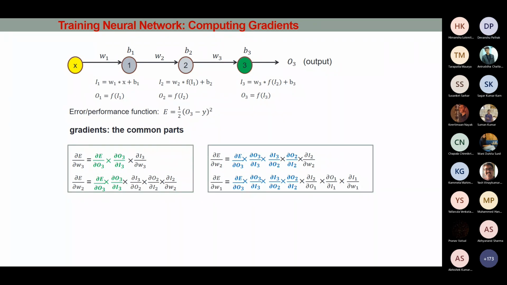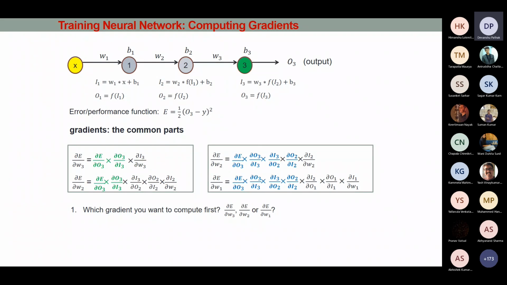These common parts, for example, if you look at this expression, the common parts, let me just ask you this question. If I ask you to compute the gradients, there are 3 gradients with respect to W3, W2, and W1, which one would you like to compute first?